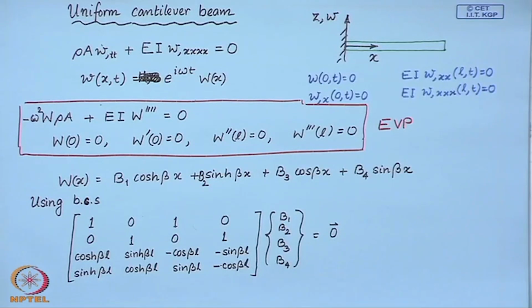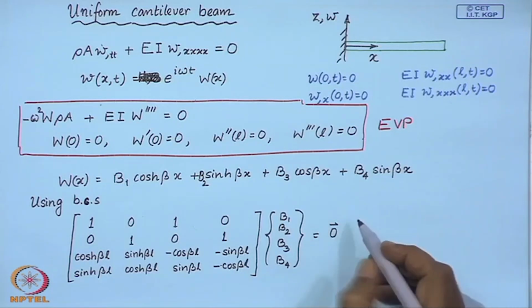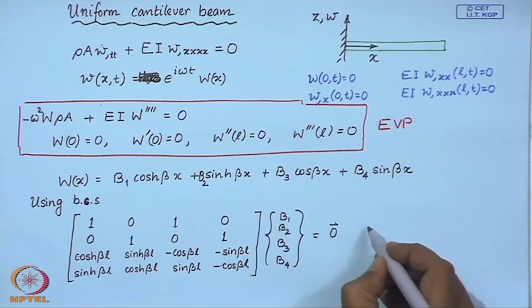For non-trivial solutions of B 1, B 2, B 3, B 4, the determinant of this matrix must vanish.